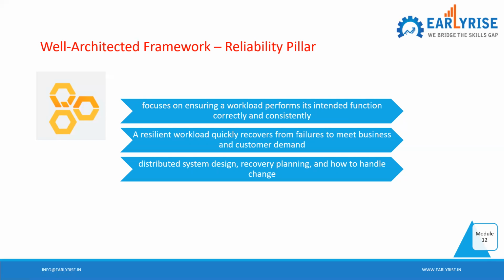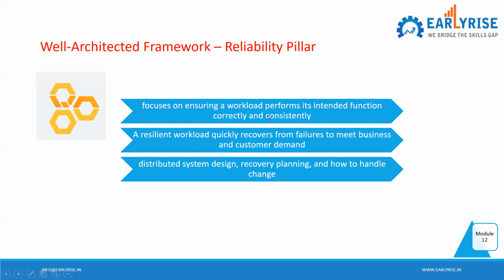So if you are running some 10 servers behind those applications, and if one or two servers go down, what will happen? The performance will degrade, right? So your workload is running on 10 servers now. If two, three or four servers are going down, then whatever is the intended function, it will not be consistent.